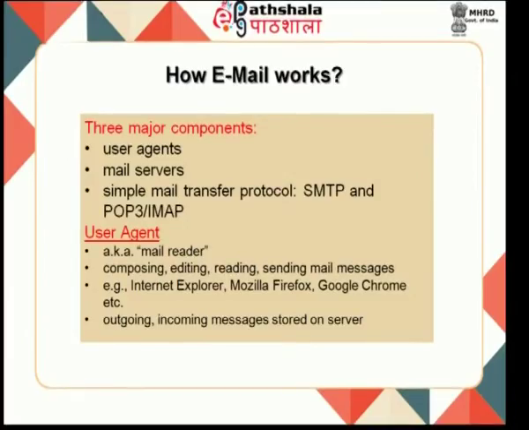The major components for sending email between systems are user agents, mail servers, and the main protocols that work here are the SMTP protocol and the POP3 or IMAP protocol. Let us see what is called a user agent.